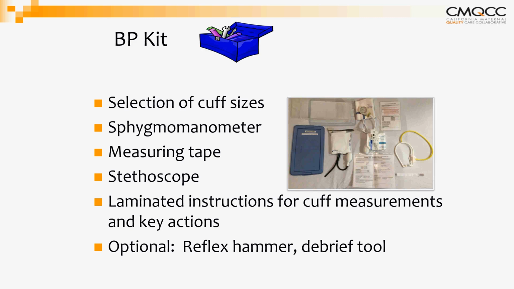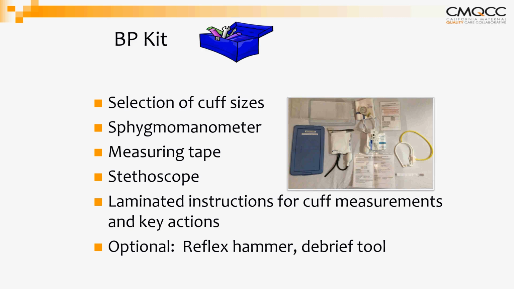Some facilities have a blood pressure kit, and this may be what's in your patient rooms. It may be in drawers on the patient stand, on the bedside stand, or where they keep the equipment. But it's something to consider. Different sizes of cuffs, a sphygmomanometer if there's one available that can be in the room, or one that can be accessible if necessary. A measuring tape so that staff get into the habit of measuring the patient's arm to ensure that they're using the right size cuff.